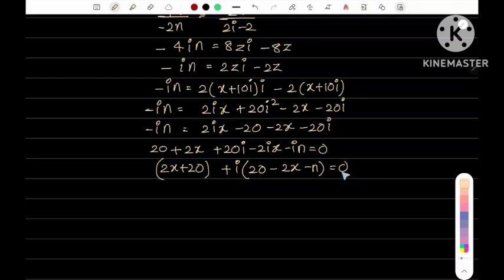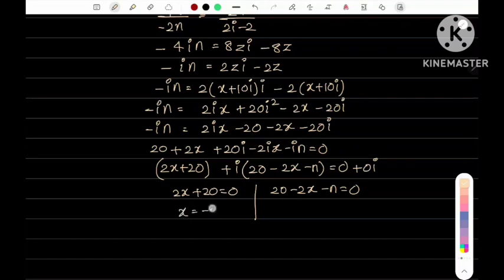And if I equate, the equality of complex number tells me that if two complex numbers are equal, then their real part will be equal and their imaginary parts will be equal simultaneously. So this I can write 0 plus 0i. So I will get 2x plus 20 is equal to 0, and I will get 20 minus 2x minus n equal to 0. So the real part of complex number is equal to 0. The imaginary part of complex number is equal to 0. This is the equality.